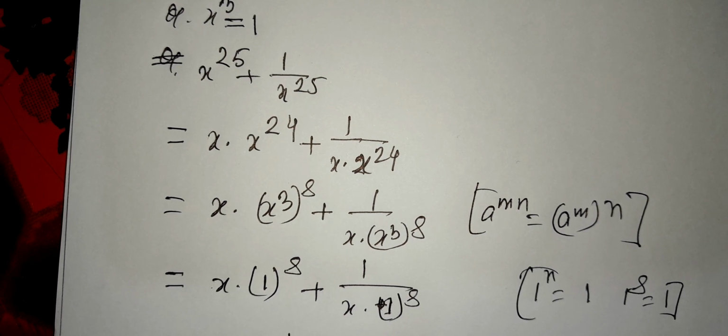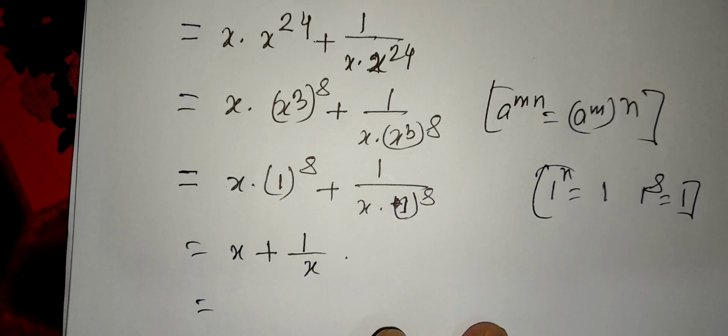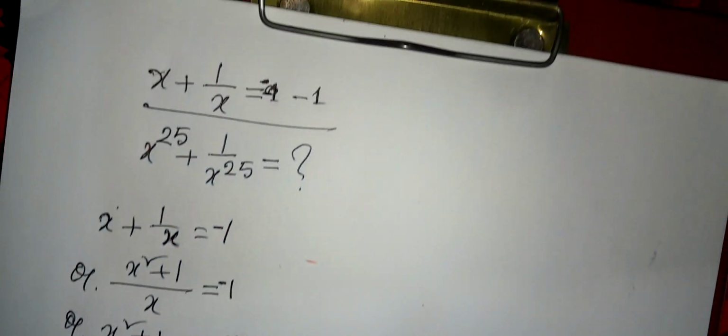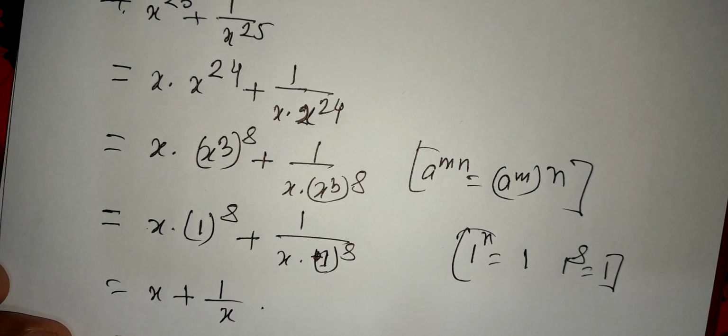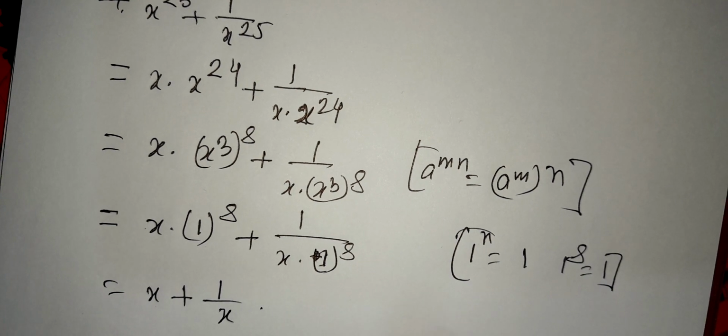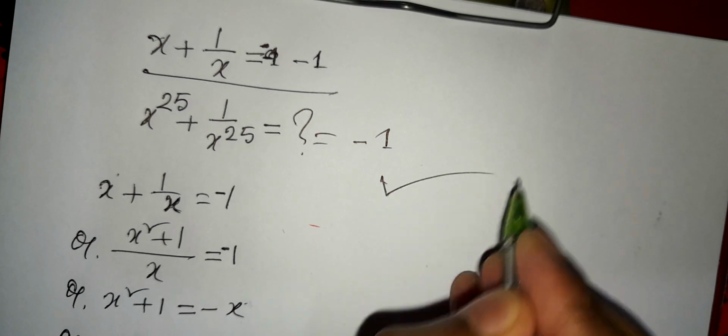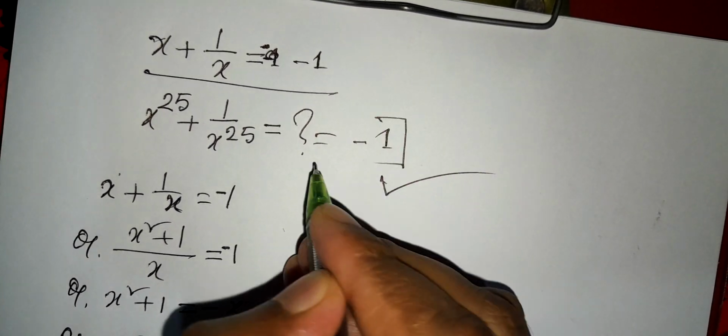So we have the value of x plus 1 by x is equal to minus 1. So the value of x to the power 25 plus 1 by x to the power 25 is equal to minus 1. It is an interesting math.